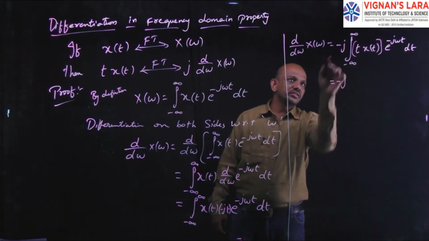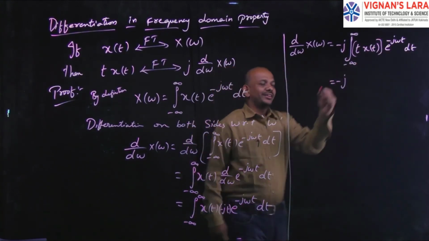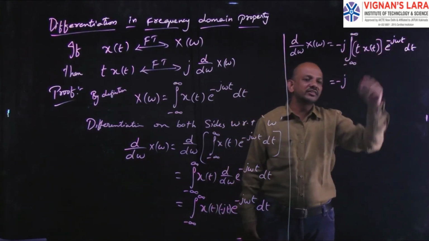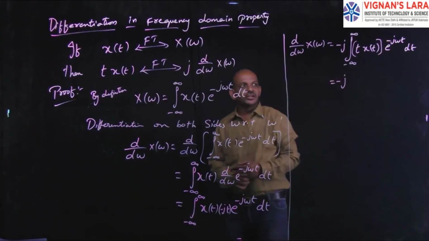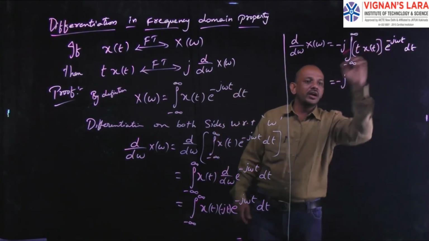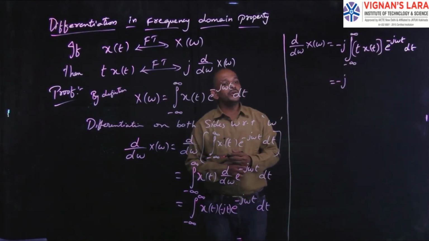Now this will be equal to minus j. We have the formula integral minus infinity x of t e power minus j omega t dt is the formula of Fourier transform of x of t. So in place of x of t I have t into x of t. So this is the formula for Fourier transform of t into x of t.